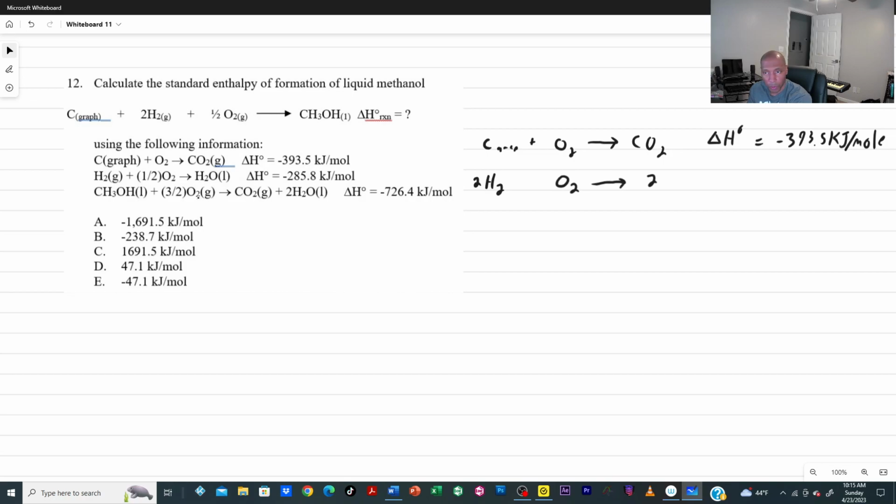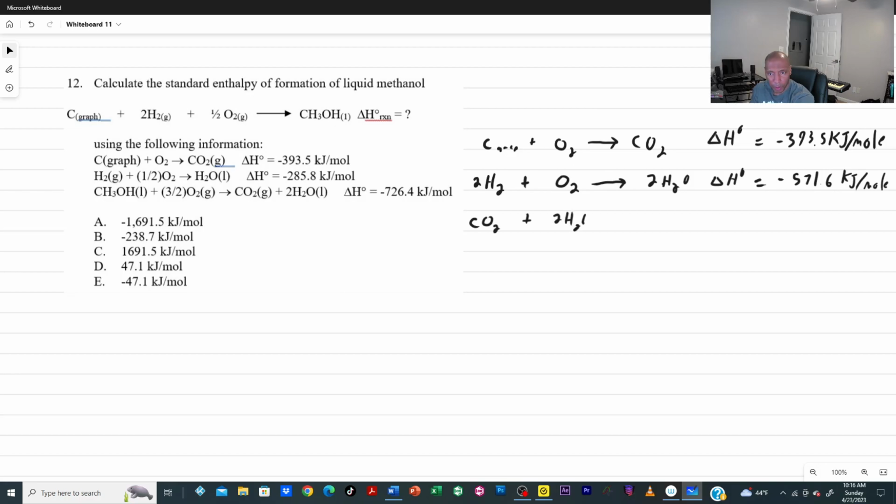So I'm going to say 2H2, but you have to multiply all of the stoichiometric coefficients by 2. So 1/2 by 2 would be 1. So that's 1 mole of oxygen yields 2 moles of H2O. So the enthalpy for this new reaction is just negative 285.8 times 2, which would be a negative 571.6 kilojoules per mole.